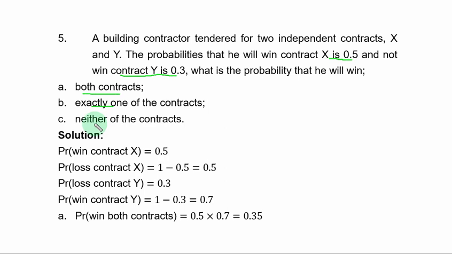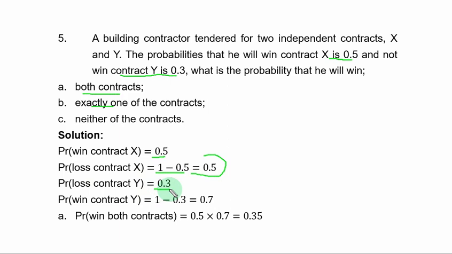Solution. Probability win contract S is given in the question, 0.5. Probability lose contract S is not given, but if you subtract winning from 1, you get lose. That is 1 minus 0.5 equal to 0.5. From the question, probability lose contract Y is 0.3.